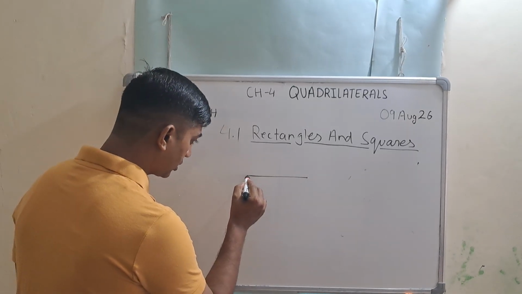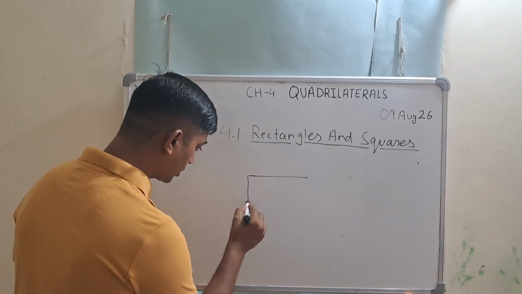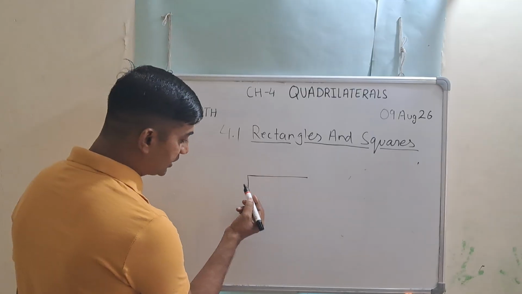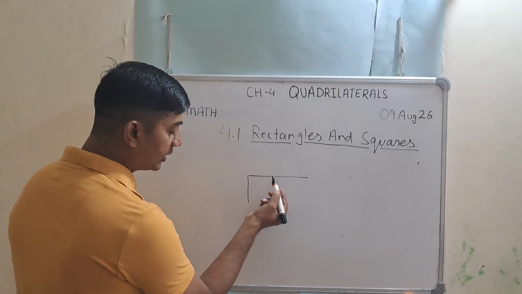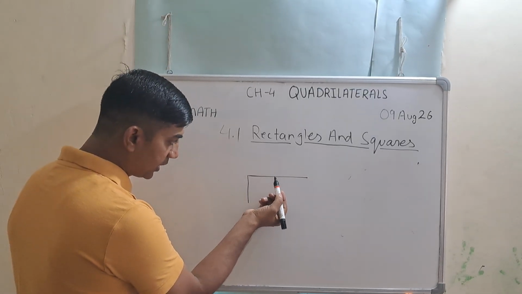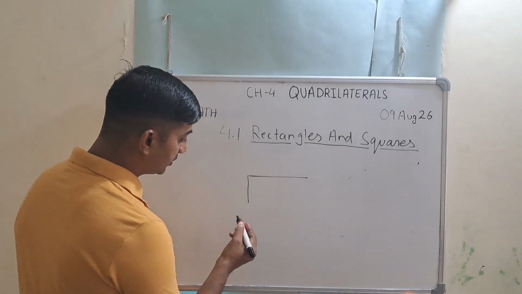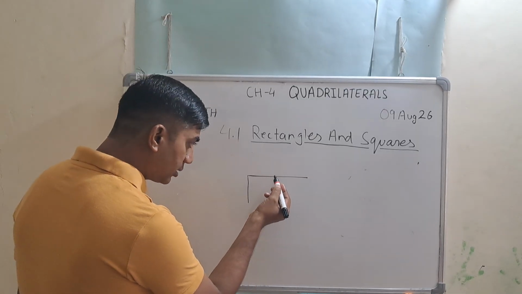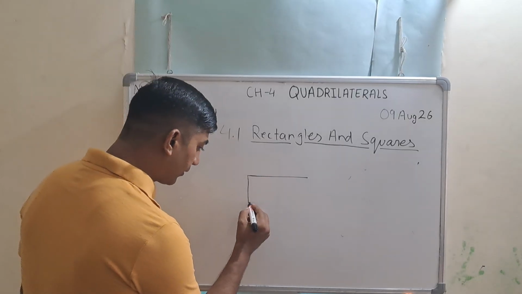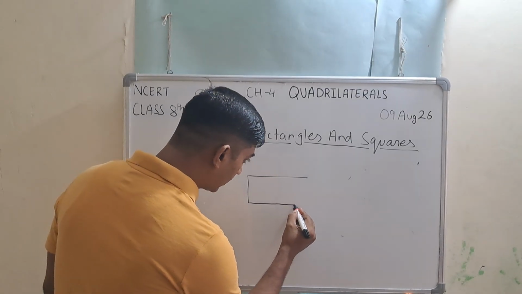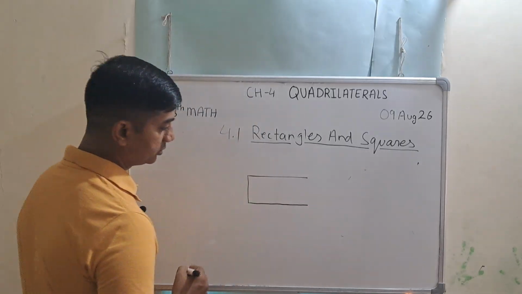Suppose I have drawn it like this. Now I have to draw another line segment parallel to this. Suppose I am trying to draw this line first, parallel to this. Now see, I have drawn it.